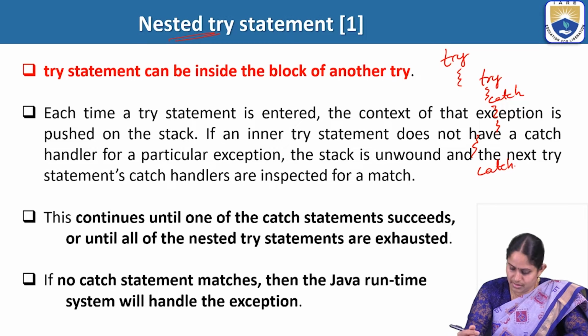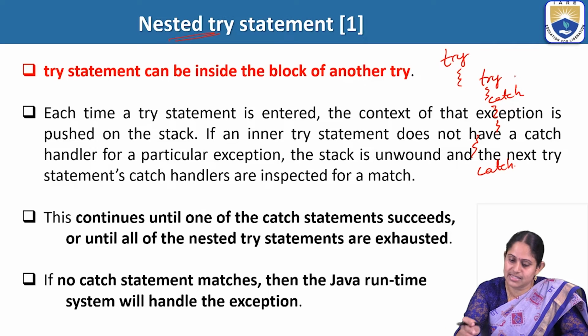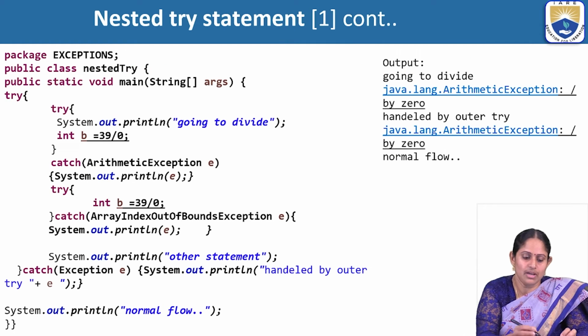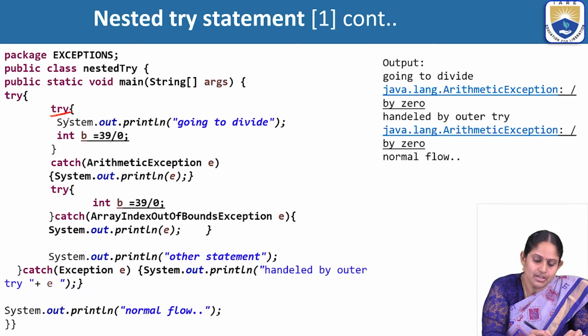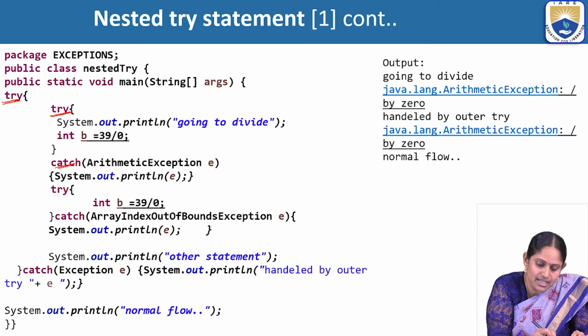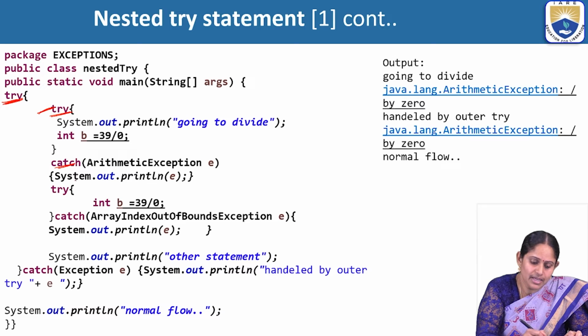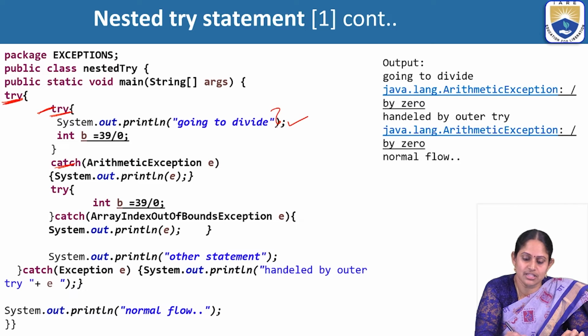Okay, so let's look into an example. Let's say we have one try block here, and this try block's catch is present here. This try block is coming inside this try block. So what happens here is that if any exception is thrown in any set of these statements, then its corresponding catch can be utilized to handle that exception.